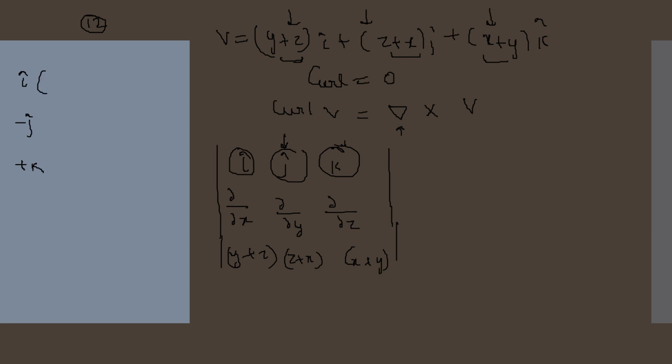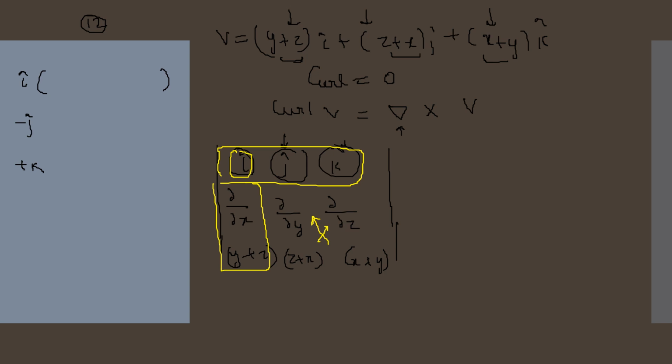Now you have to write here, if you are considering i, just forget about the first row in which i is there and the first column in which i is there. What is left? Cross multiply with a minus sign in between.